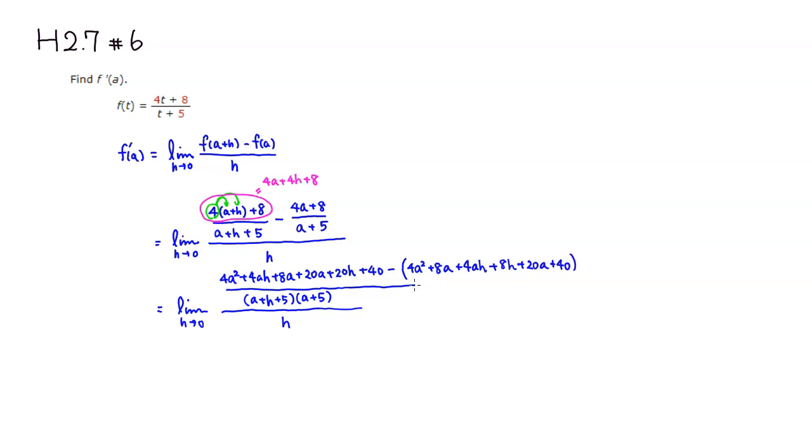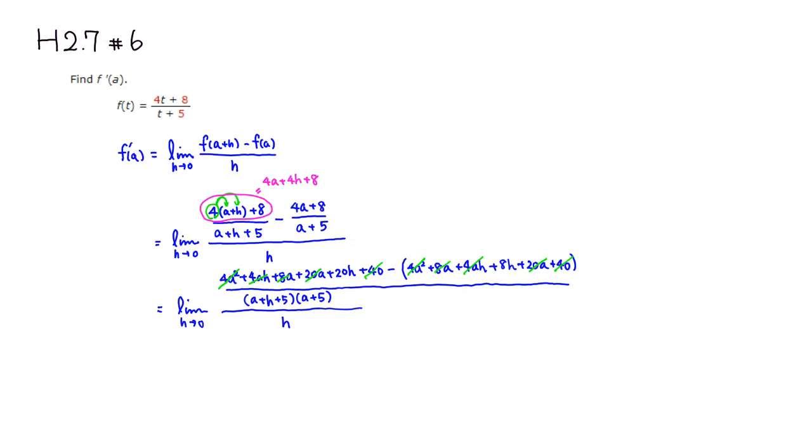So that's kind of long, but the good thing is you can cancel out a bunch of things. 4a squared minus 4a squared, 4ah minus 4ah, 8a minus 8a, 20a minus 20a, and 40 minus 40.